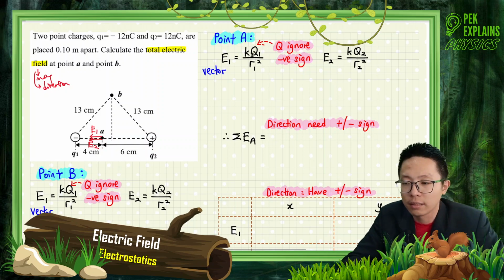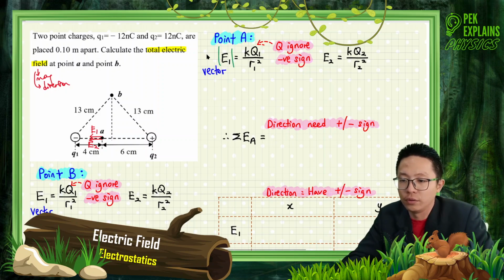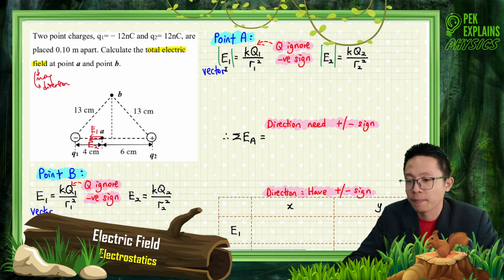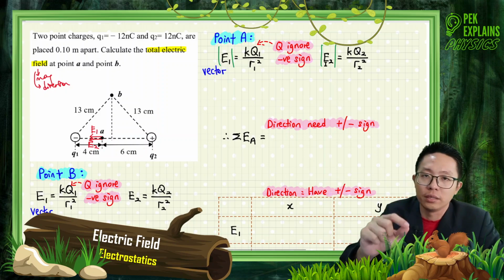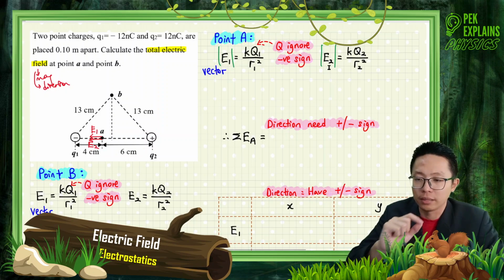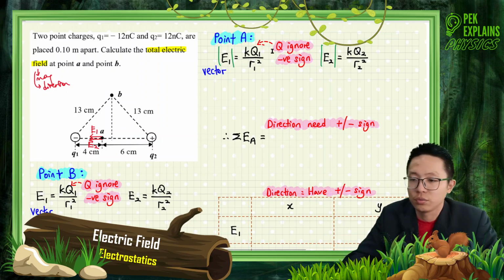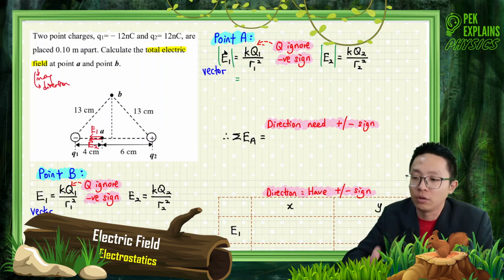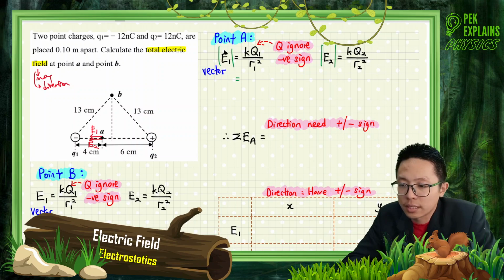Now let's calculate each electric field magnitude. To calculate the magnitude of electric field, because this is a vector, for a vector like electric field or force, for the magnitude we just want the positive value. That's why for our charge, we just ignore the negative sign. Okay, so let us substitute 9 times 10 to the 9.